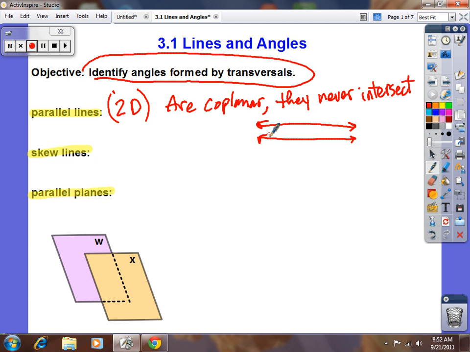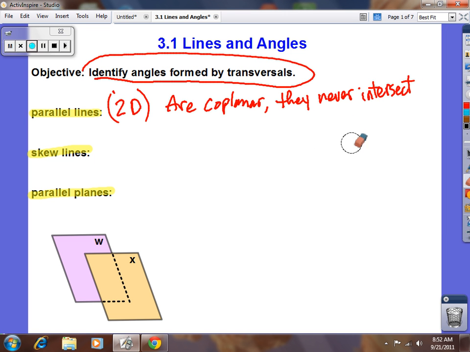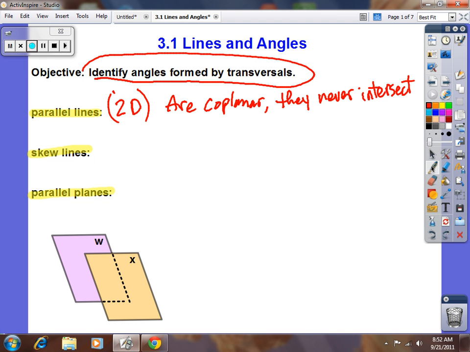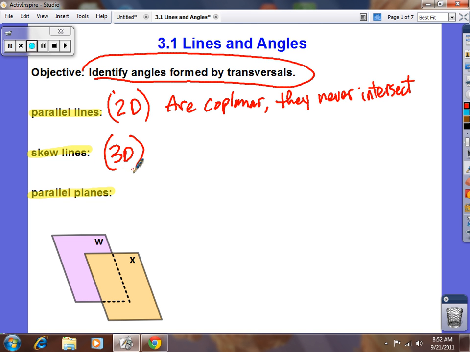Okay? Now skew lines. Let me tell you the difference between skew lines and perpendicular. Skew lines are 3D. That means non-coplanar. They are not coplanar, but they never intersect.